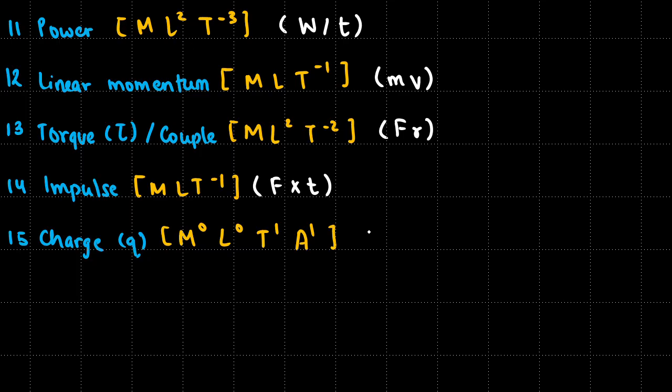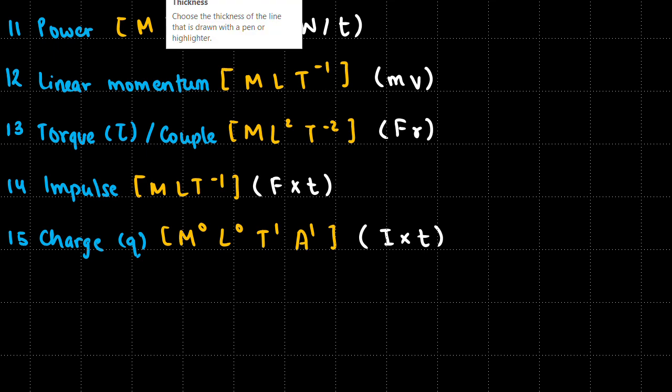It's because the most common formula of charge that you will find is I times T, I meaning current and T meaning time. Since current is the rate of flow of charge, it's Q by T, so we can write Q as I into T. Current is a fundamental quantity, so it cannot be described by any other unit or quantity, which means you can't describe current by mass, length, or time, which is a big problem.